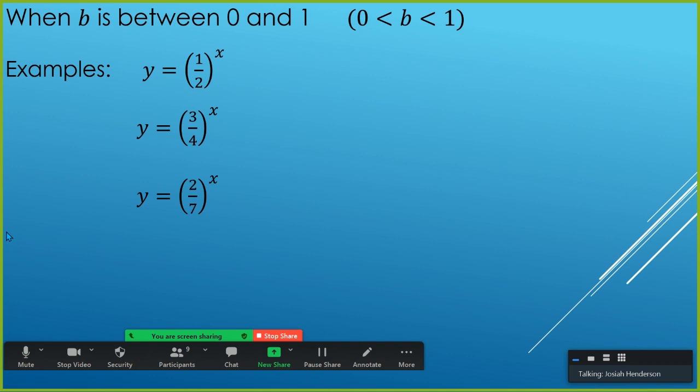Okay, our final case that may come up for an exponential function is this: when b is between 0 and 1. And here's what that looks like in symbols. b is greater than 0, but it's less than 1. It's between 0 and 1.